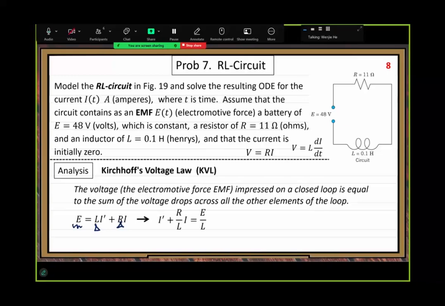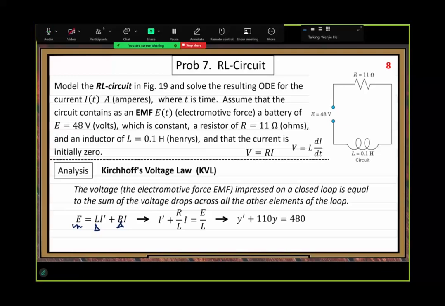We want to write it in a more friendly form: I prime, the first term, plus some constant times I, and on the right-hand side, another constant. Usually we like to use y to represent the unknown function. Although you don't have to and can keep using I, we are more familiar with the y form.